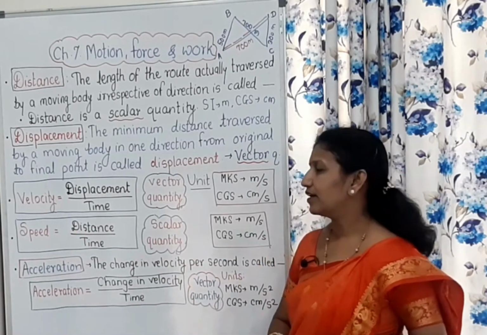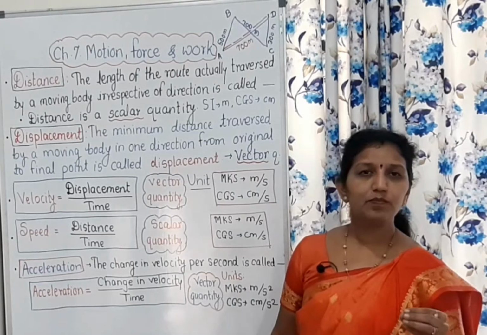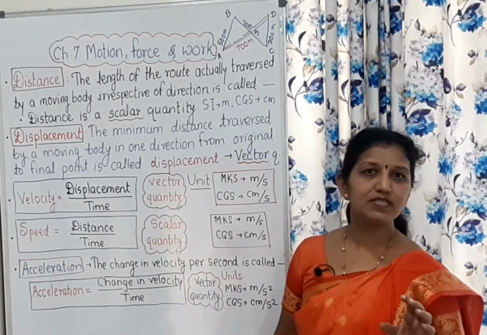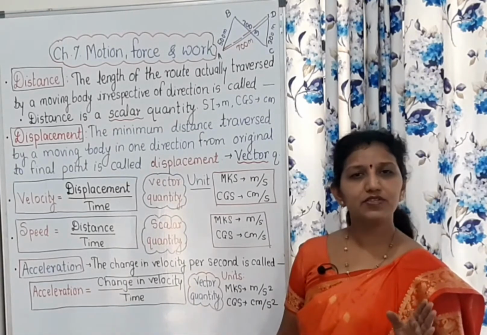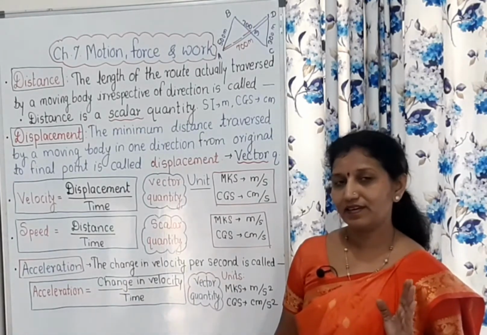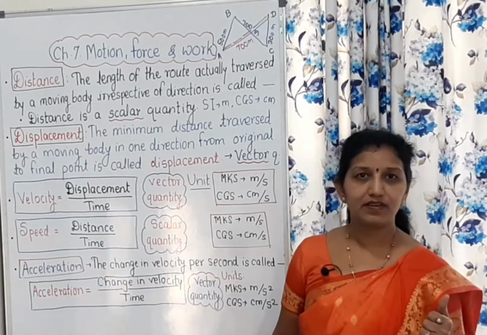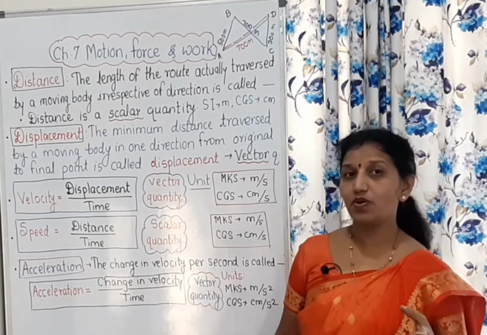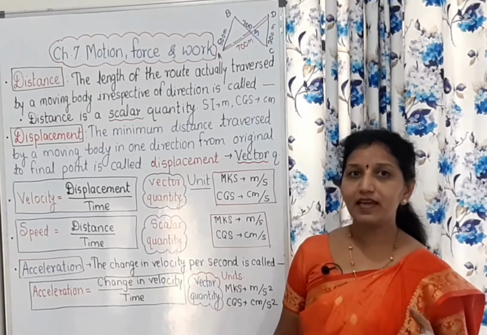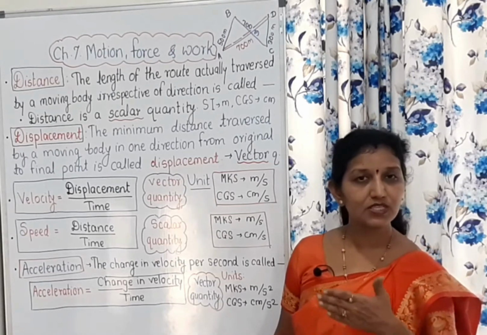If we say that the speed of a bus is 60 kilometers per hour, it doesn't require any direction. But if we want to say the velocity of a storm, we have to specify the direction in which that storm is going.